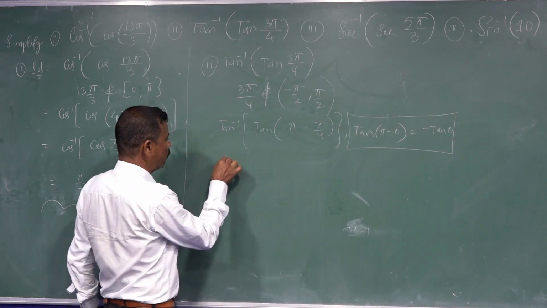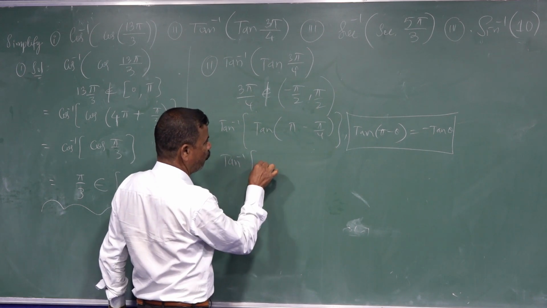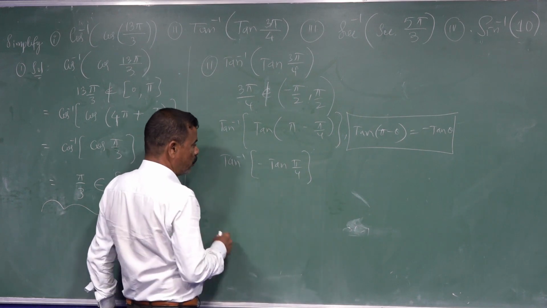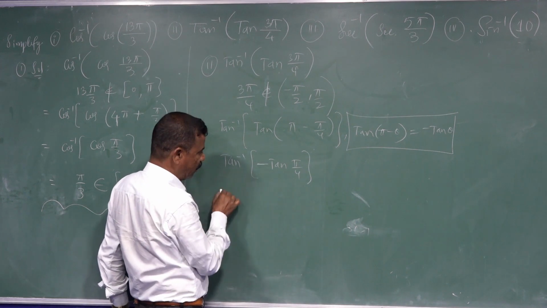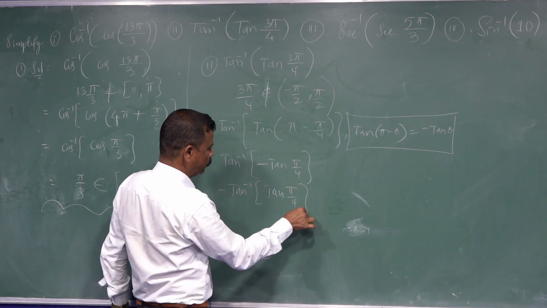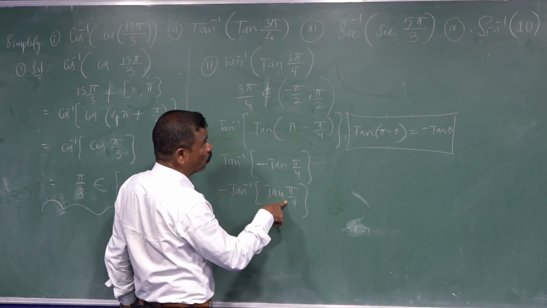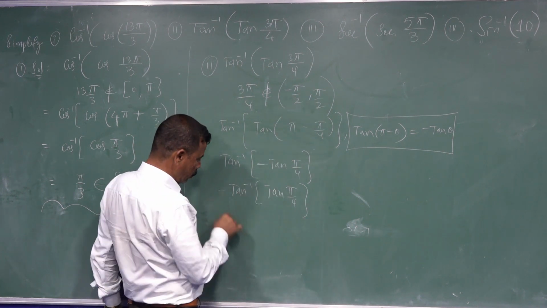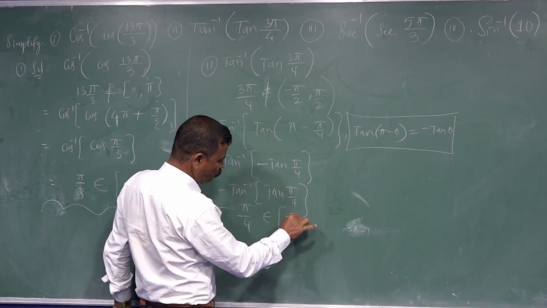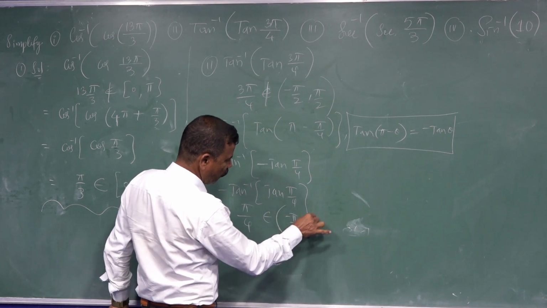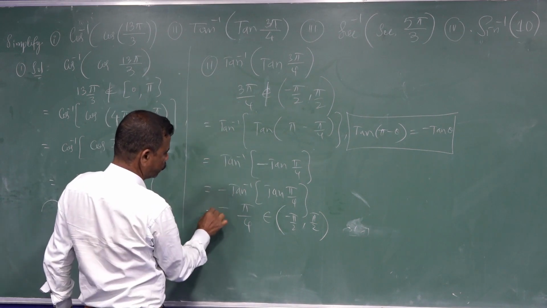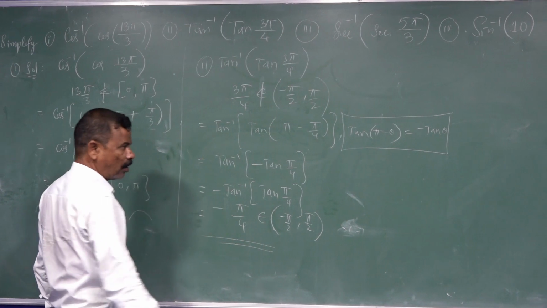So this is tan inverse of minus tan π/4. So this minus comes outside, minus tan inverse of tan π/4. Now this π/4 belongs to minus 90 to plus 90. So this minus as it is, π/4 belongs to open interval minus π/2 to π/2. Minus π/4 is the answer.